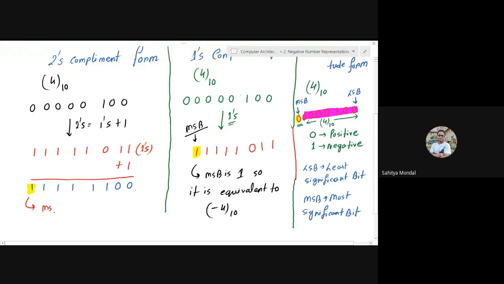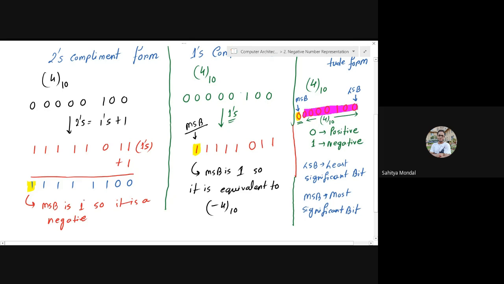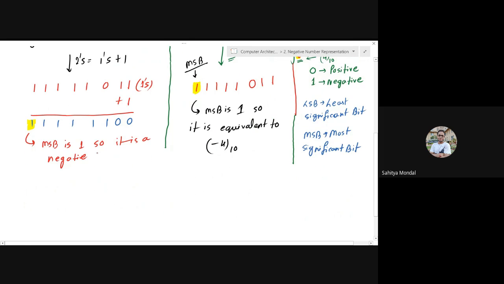So the MSB is 1, so it is a negative number.